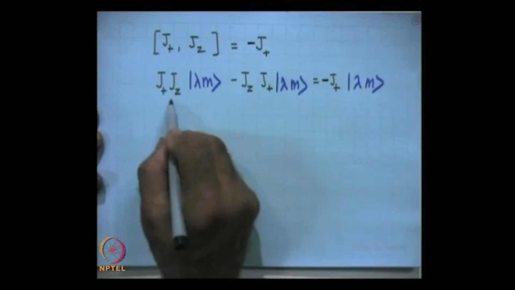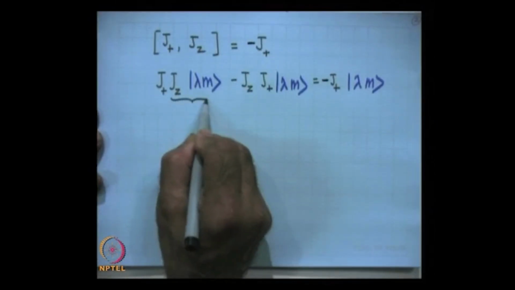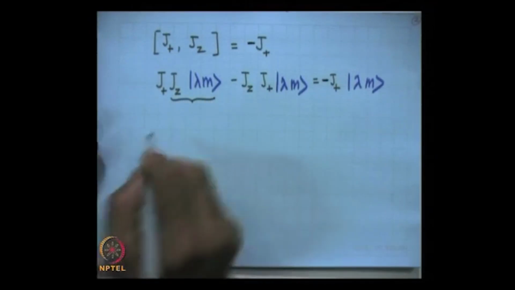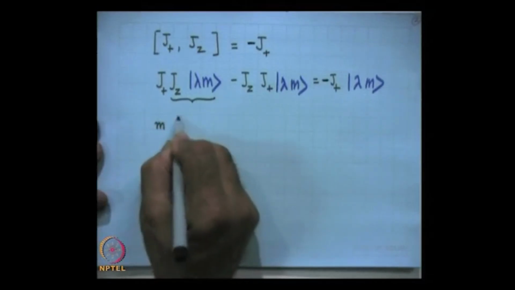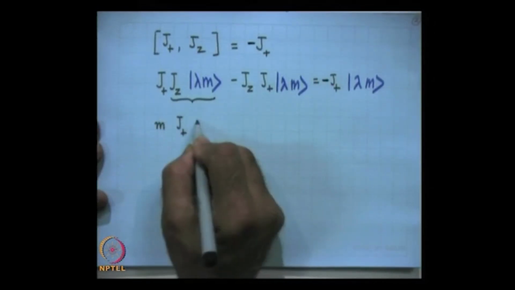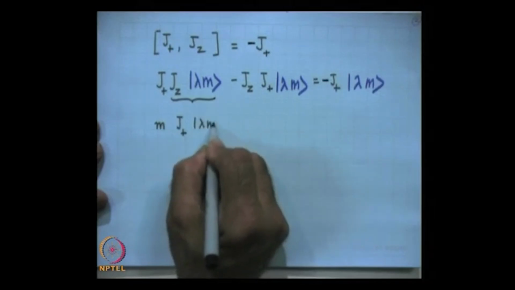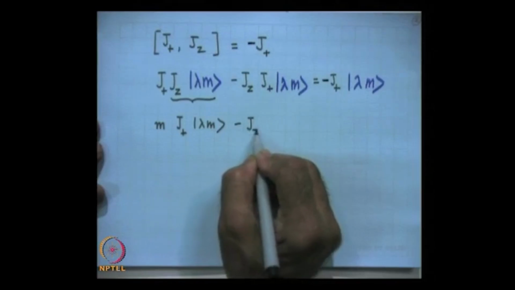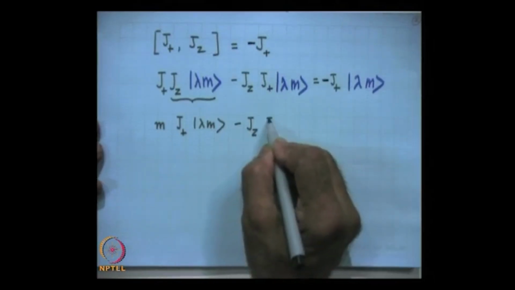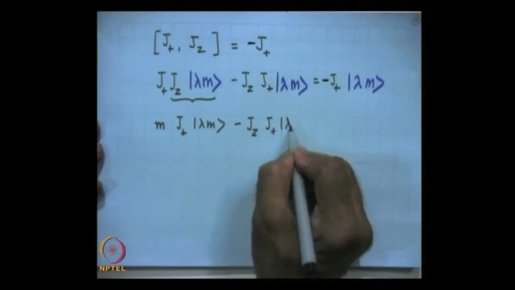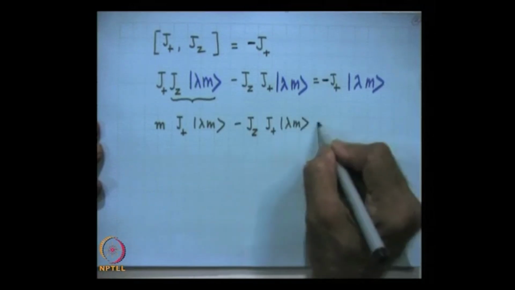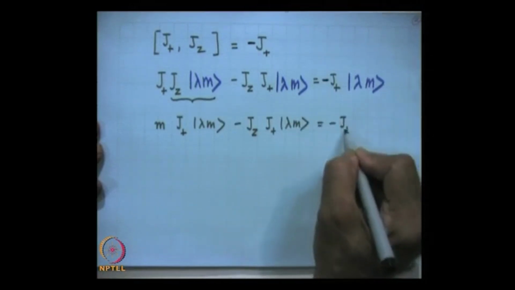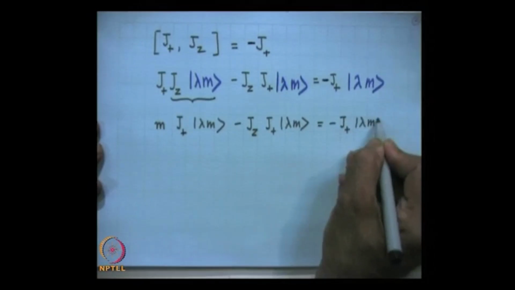So, J z operating on ket lambda m is m times J plus ket lambda m, minus J z J plus ket lambda m, minus J plus ket lambda m.